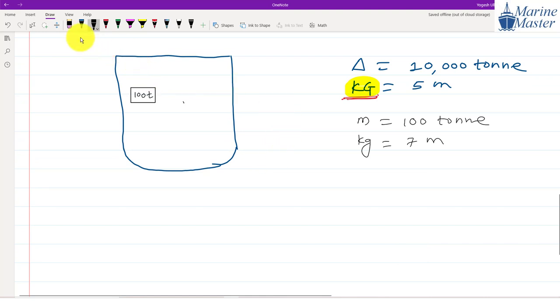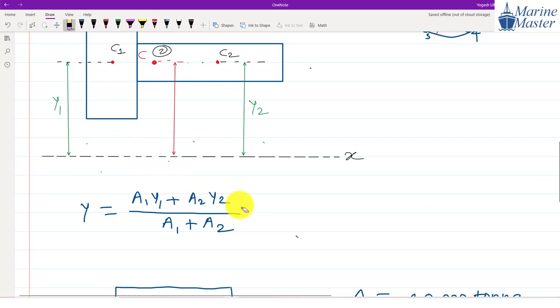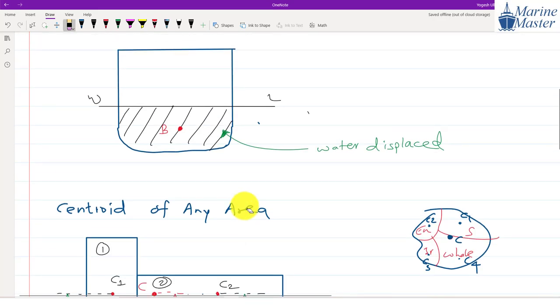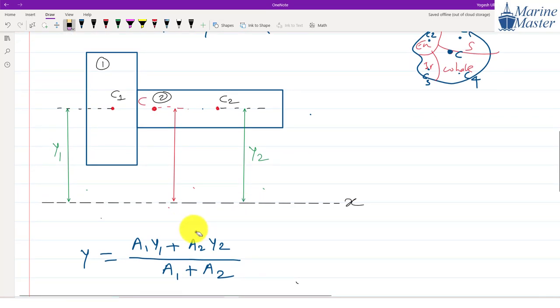Now G basically is nothing but what? What is the basic meaning of G? In general words, we can say centroid of mass. See, earlier we have seen centroid of area. Here in this example we have seen centroid of area. Centroid of area is A1 y1 plus A2 y2 divided by A1 plus A2.